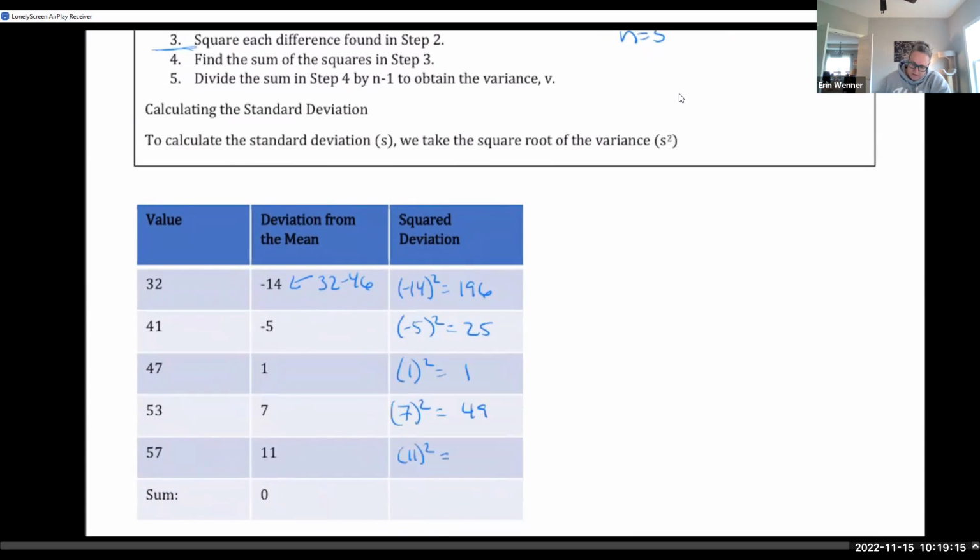Step 4 says find the sum of the squares in step 3. So we're going to add all these up. Let me pull up my calculator.